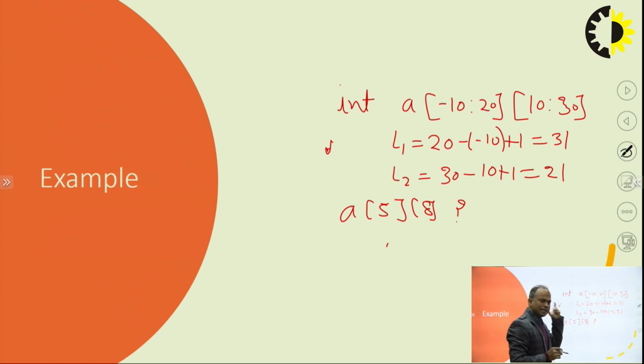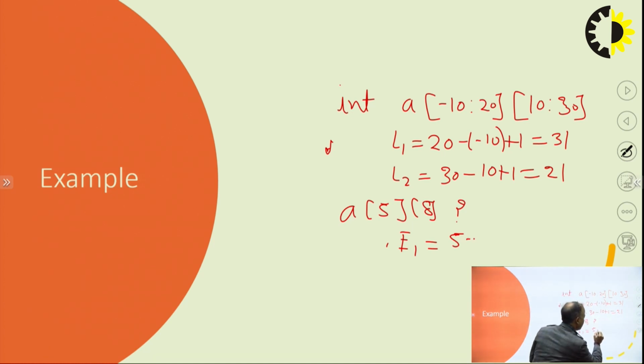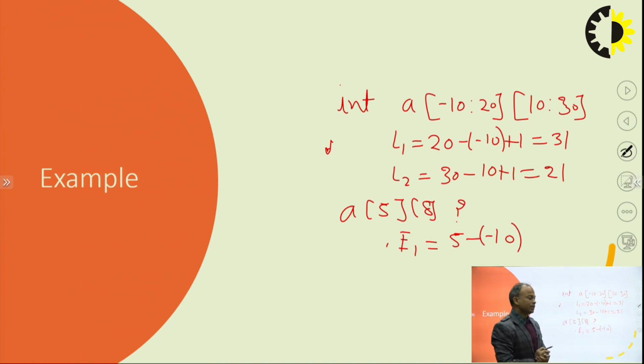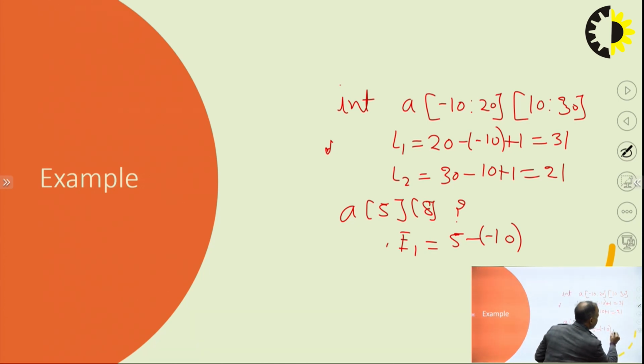E1 is for dimension 1, the effective address E1. So E1 will be 5 minus the starting address, 5 minus minus 10. Then the effective address will be 5 plus 10, it would be 15.